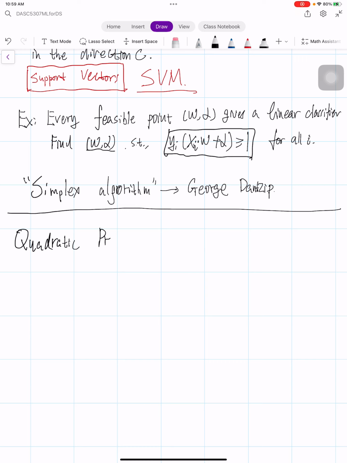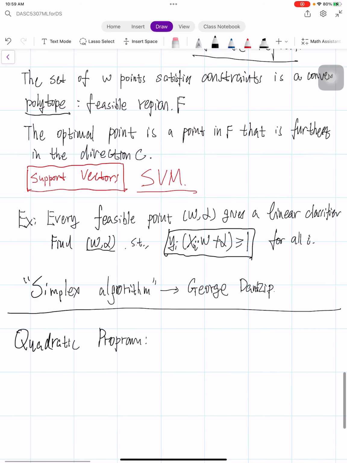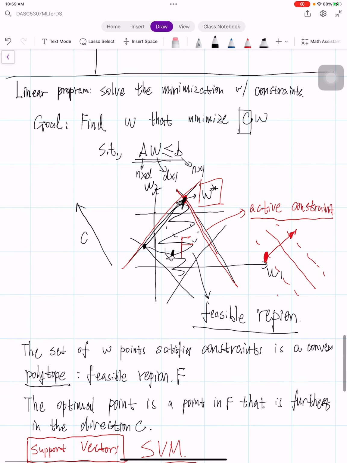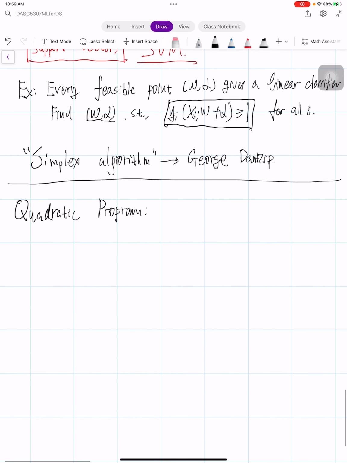The only difference is that the objective function in linear programming is a linear function, but in the quadratic program, the optimization target function is a convex quadratic form.